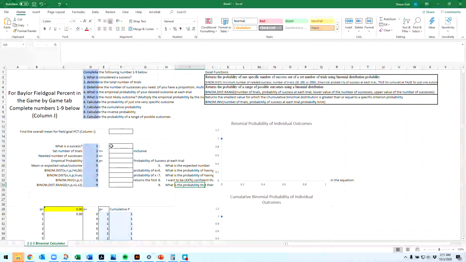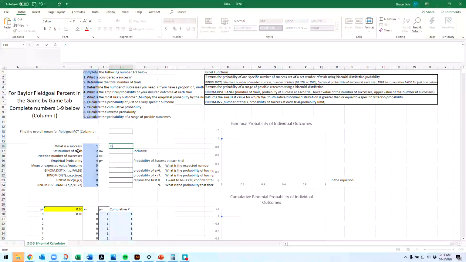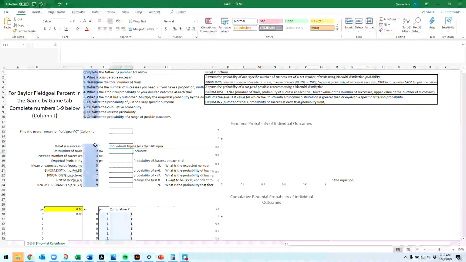Okay? So first of all, what is a success? A success in this situation is individuals typing less than 60 words per minute. And once again, successes are not necessarily something that you would deem as a success.